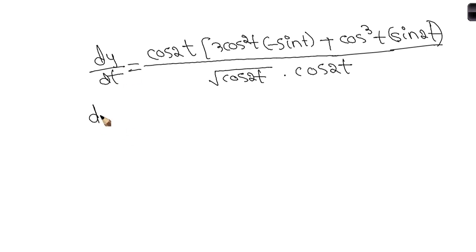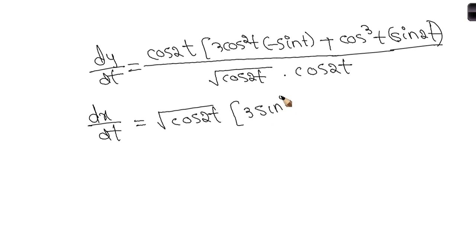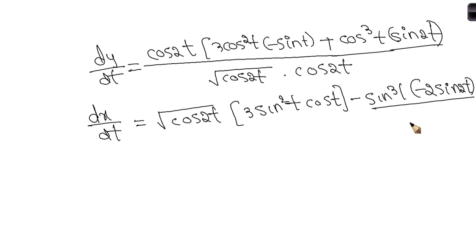Similarly, let me find the dx by dt value. dx by dt would be root cos 2t into 3 sin square t into cos t, minus sin cube t into minus 2 sin 2t, upon 2 times root cos 2t. So the 2 in the numerator and the 2 in the denominator cancel out and we get cos 2t in the denominator.